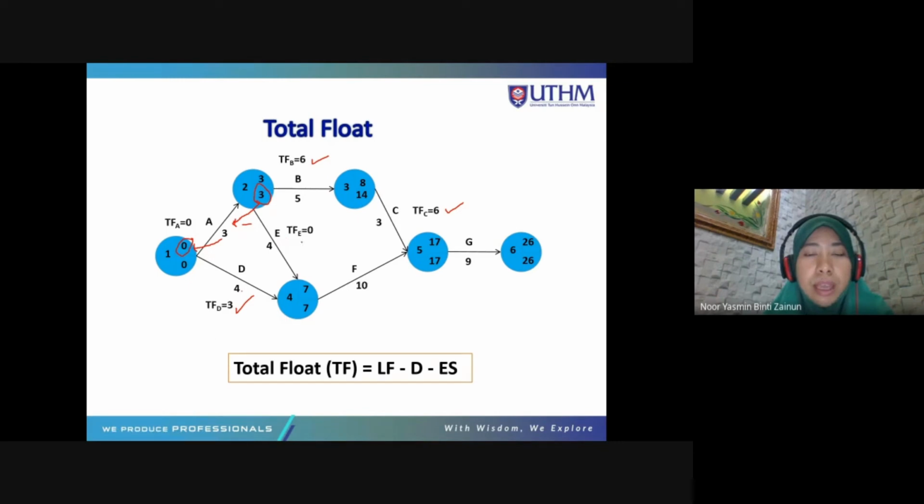For activity E, the total float is 7 minus 4 is 3, 3 minus 3 is 0. Total float for activity F, 17 minus 10 is 7, 7 minus 7 is 0. And total float for activity G, 26 minus 9 is 17, 17 minus 17 is 0.